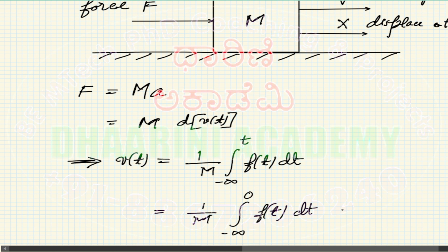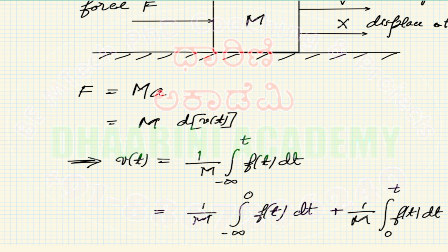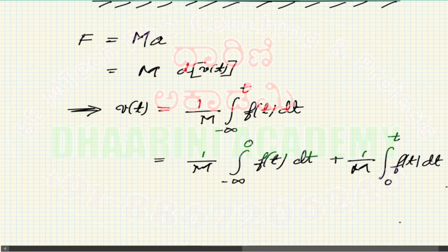This is the first part, plus 1 by m times the integral from 0 to t, once you apply that force, of f of t dt. This is the second part. The time equal to 0 indicates the initial time.